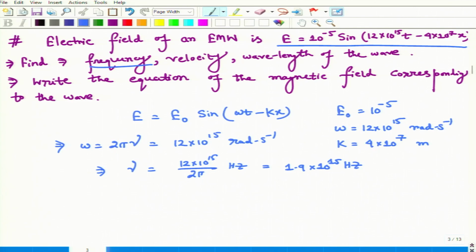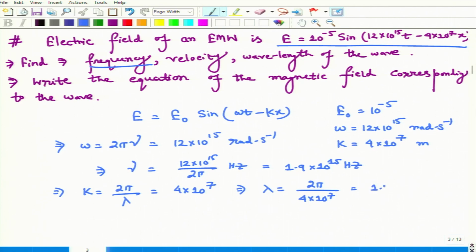Before evaluating the velocity, we have to evaluate the lambda. It is 2 pi by lambda, so it is 4 into 10 to the power 7, correct? So from kappa we can evaluate this, so lambda will be 2 pi by 4 into 10 to the power 7. If we calculate it, 2 pi means assuming 3.14 into 2, 6 point something divided by 4.